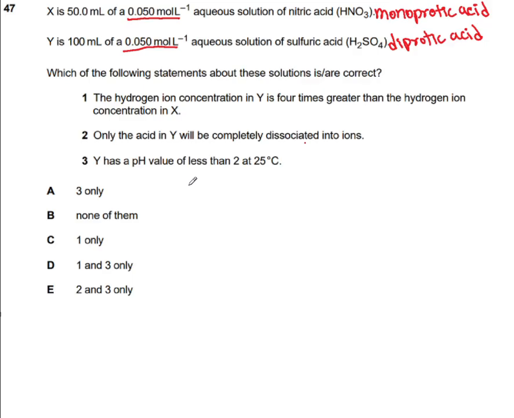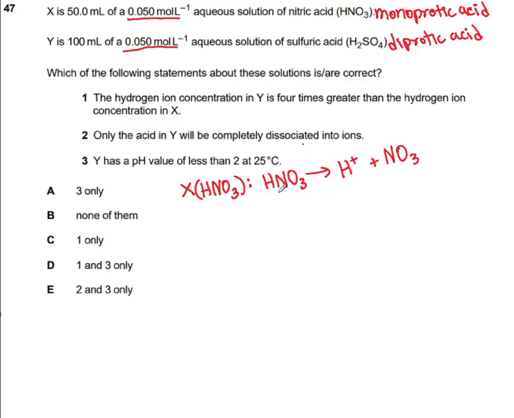So this is X, the nitric acid, HNO3. To find the concentration of hydrogen, we know it only dissociates into one proton. HNO3 gives H+ plus NO3-. So it's just one proton.